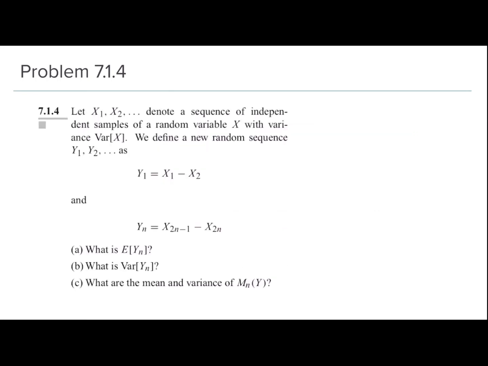And the third part says what are the mean and variance of Mn of Y. So Mn of Y is basically the weighted sum of the Yns, right?